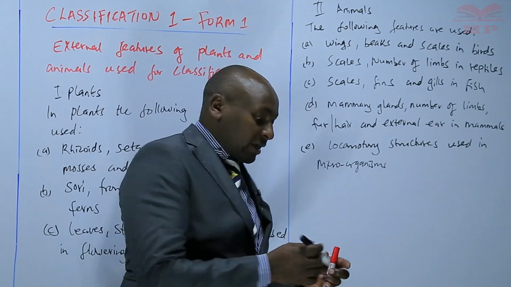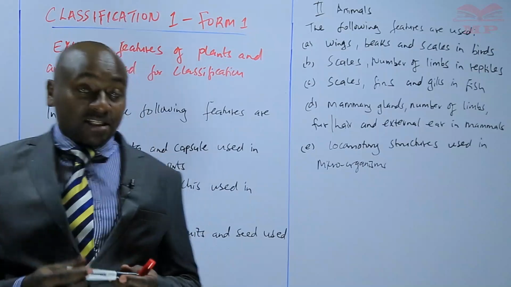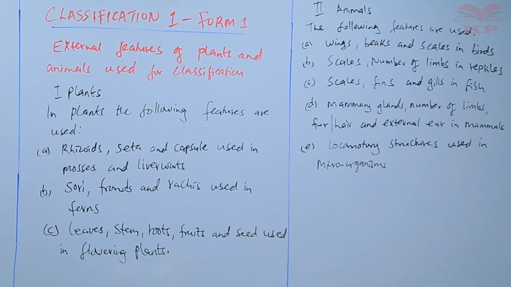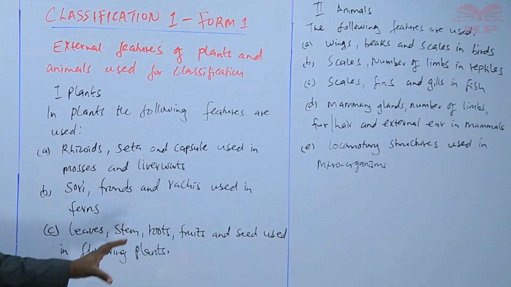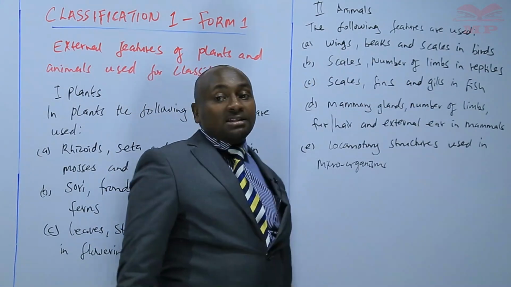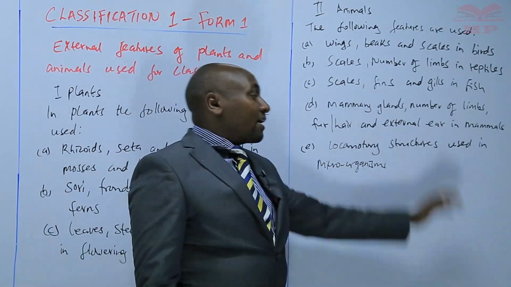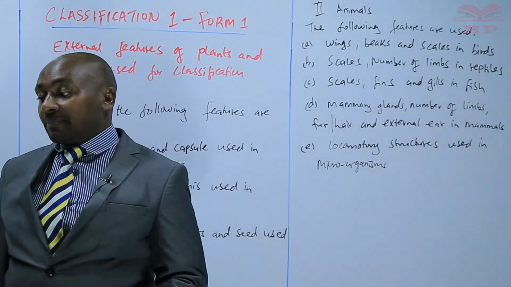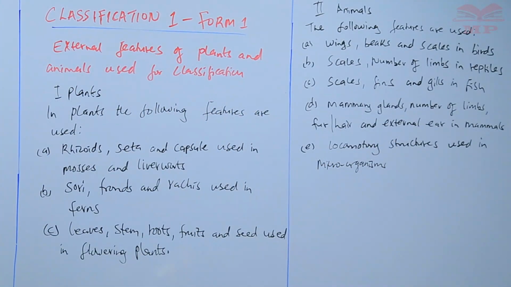So basically, those are some of the structures that we use when we are studying classification. So the structures that we use in plants only apply to the plants. Other structures are more suitable when we are classifying the animals, and that's why we use them accordingly in that case.